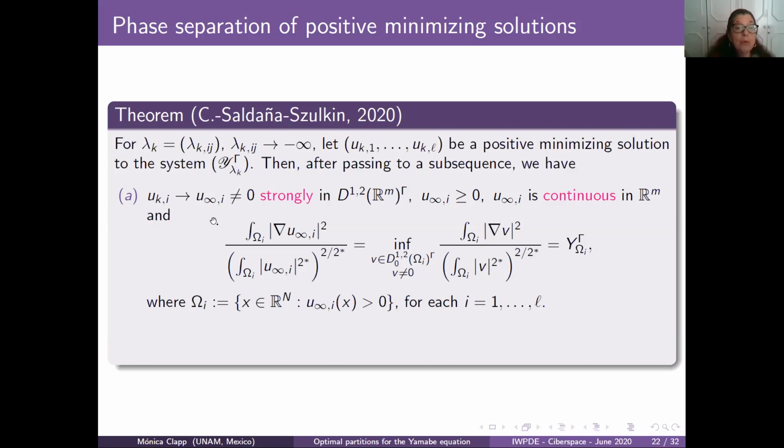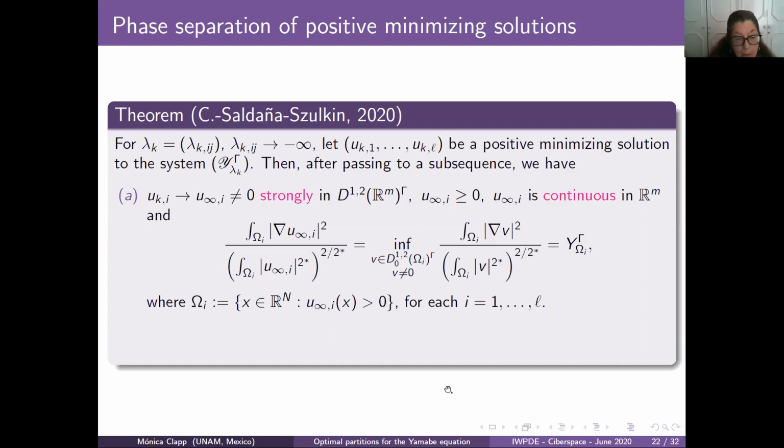And then what we prove is that the components of the solution converge strongly in the Sobolev space. They are continuous, and they minimize the Yamabe quotient on each one of these open sets, which are the sets where the U infinity is strictly positive. These are open sets because the function U infinity is continuous, okay?